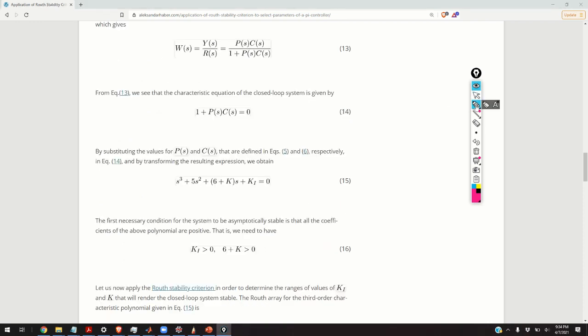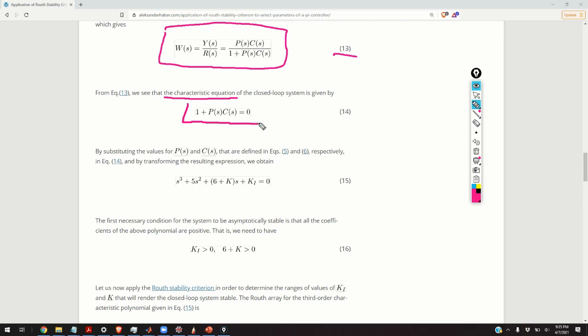Now, the system transfer function is very important for analyzing the system stability. From equation 13, we can see that the system characteristic equation, or the characteristic polynomial, is given by this equation.